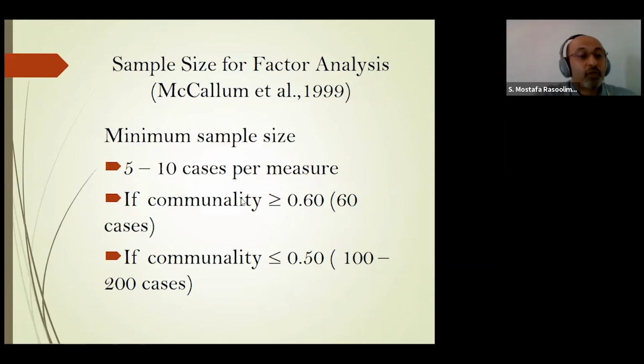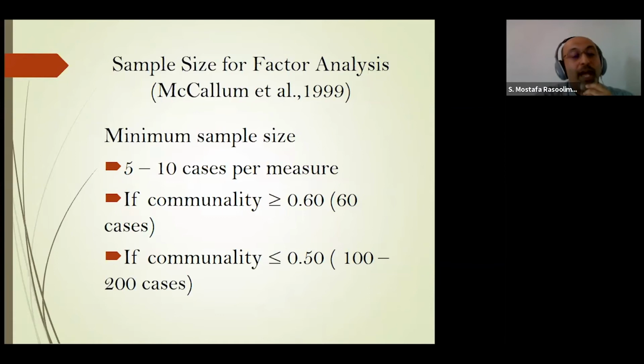Sample size for factor analysis. How many samples do we need to run factor analysis? There is a minimum sample size. Different literature recommends different rules of thumb and thresholds, but one of the common thresholds is 5 to 10 times the number of items.